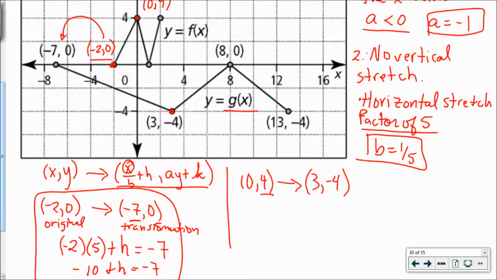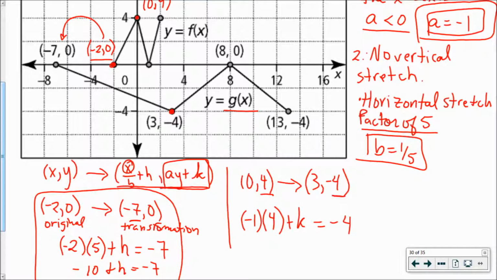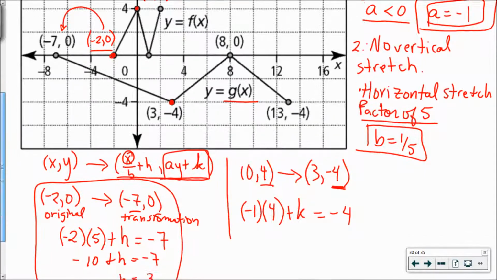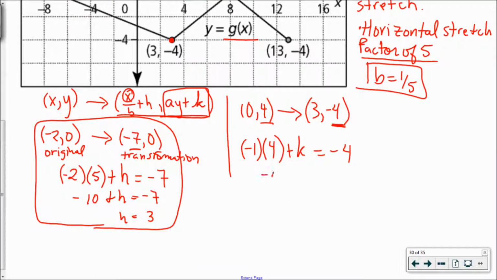Looking at the y values, 4 became -4. And so I'm going to do this process here, ay plus k. So a, I know, is -1. I calculated that earlier. Times my y value plus k is -4, the new image point over there. So -4 plus k is -4, and you can see right away that k is 0.